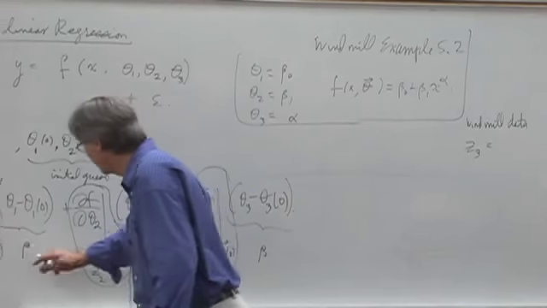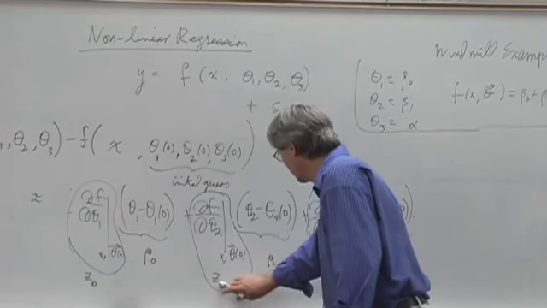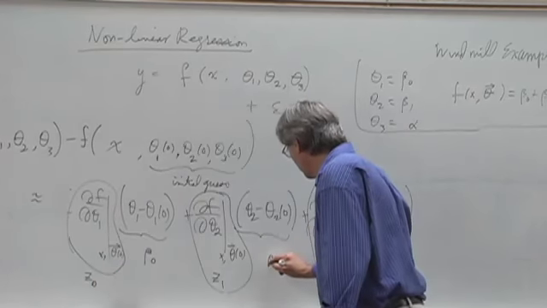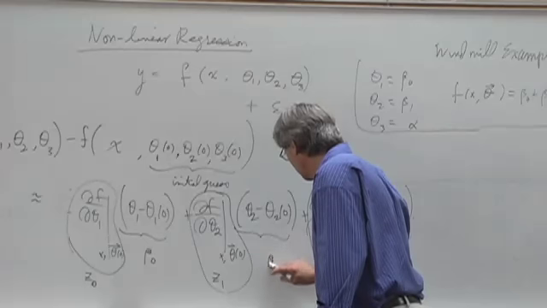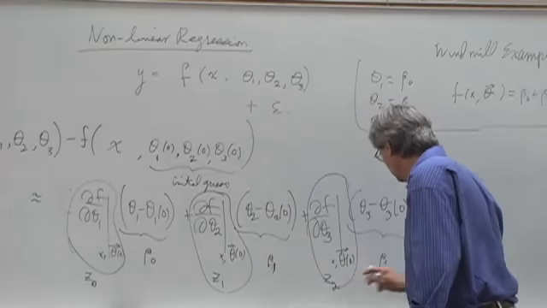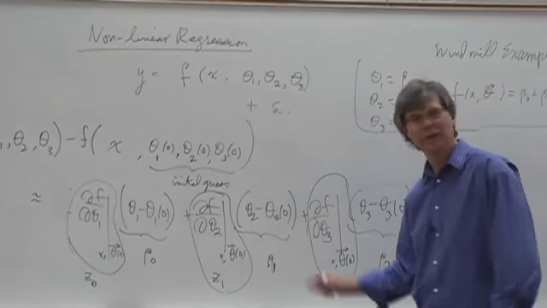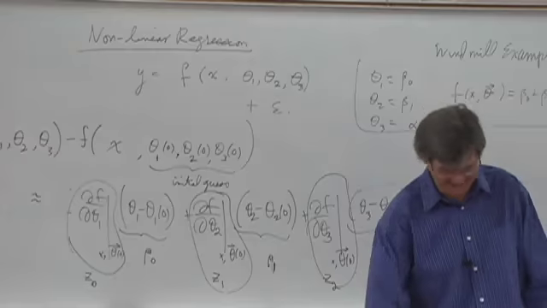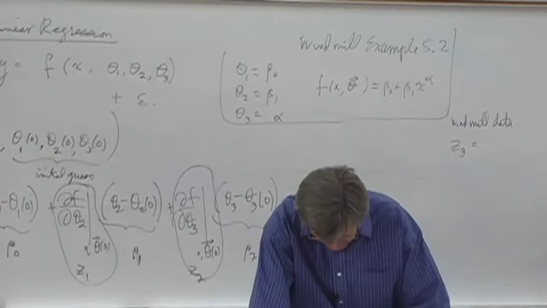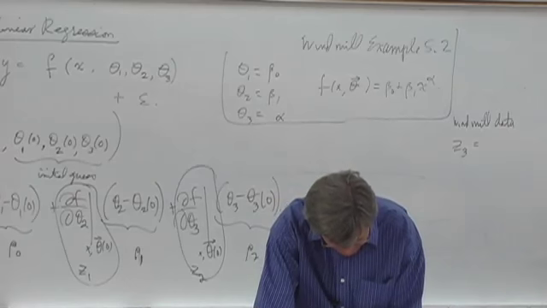So he's calling this beta naught and Z naught. He's calling this Z1 and beta 1. This is consistent with my notation. And then he's going to Z2 and beta 2. Yet the thetas are still theta 1, theta 2, and theta 3. So that's a bit confusing. The thetas are one index up.